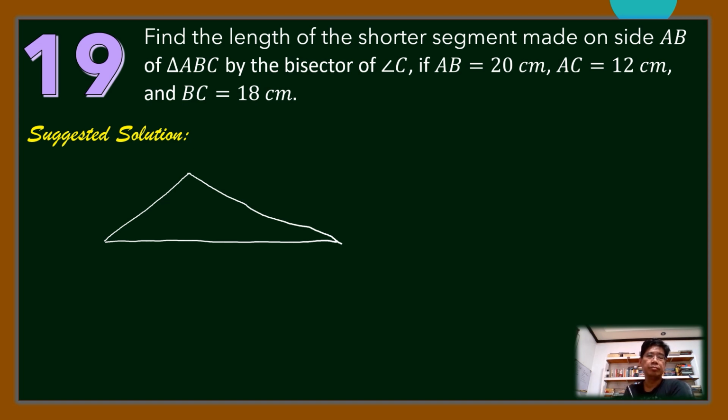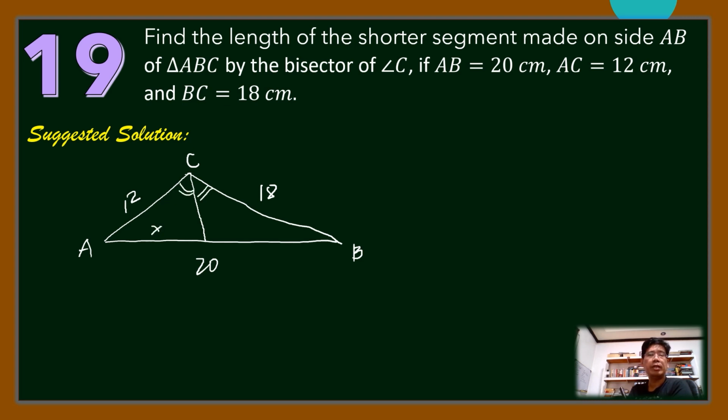So we have triangle ABC. AC is 12 centimeters, BC is 18, and AB is 20 centimeters. We're looking for the length of the shorter segment made on side AB by the bisector of angle C. So angle C is bisected.